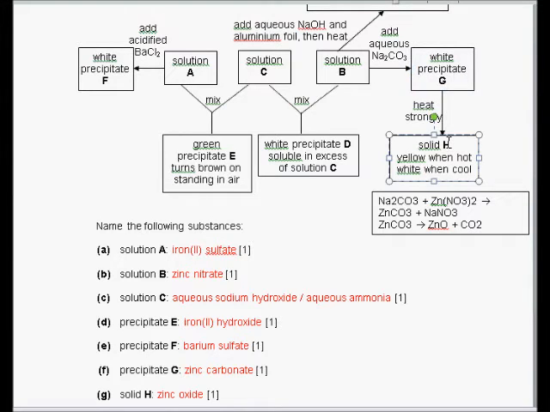This one I accept lead 2 oxide and aluminum oxide. So even if you don't know this is a signature behavior of zinc oxide, you will still get these two correct. You will only lose this one. Okay, this one I only accept zinc nitrate because this is something extra.